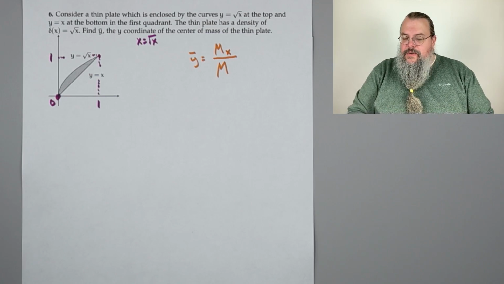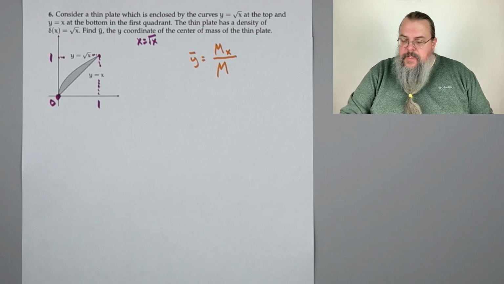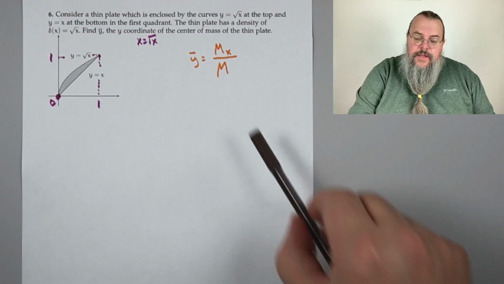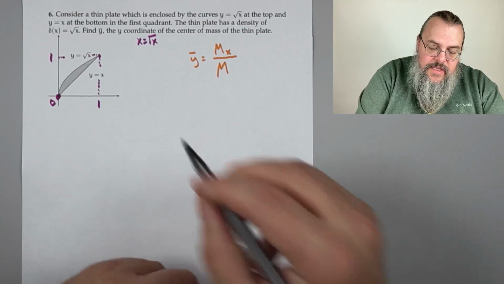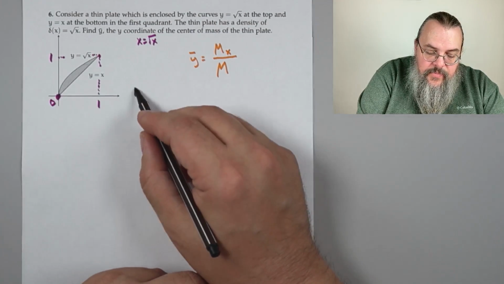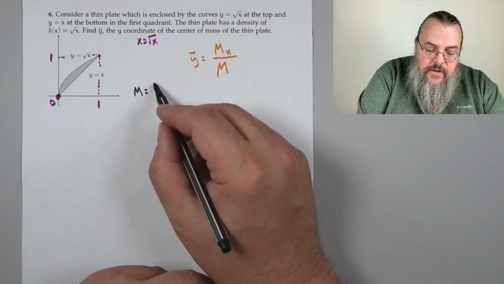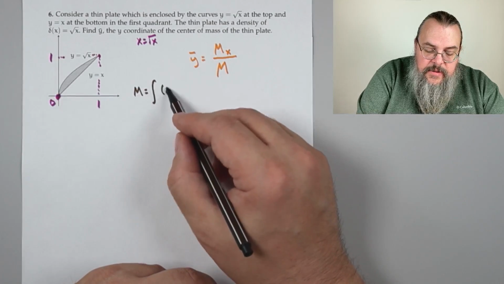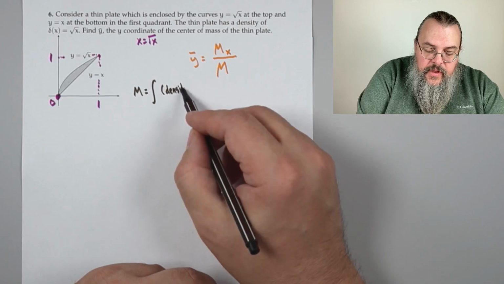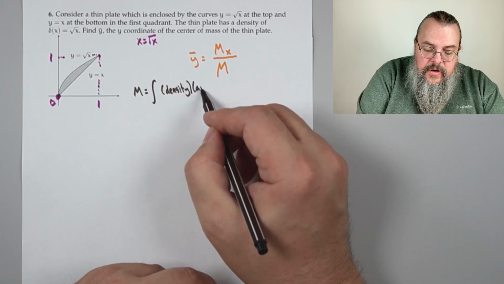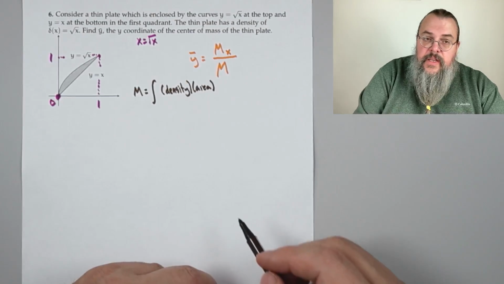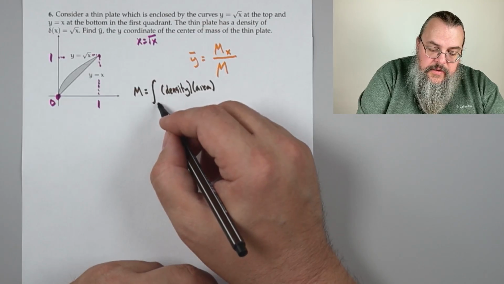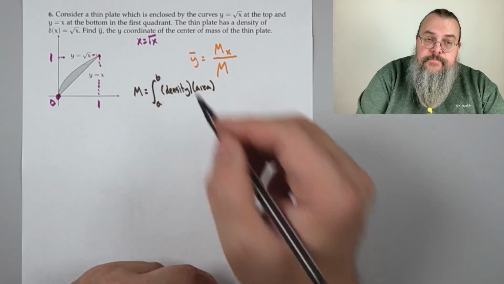All right, so let's begin. Let's start with the mass, because that's a little bit easier to understand. Well, our mass is, we're going to add up our density and our area. And then we have a start and a stop.